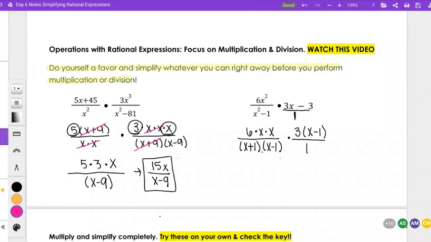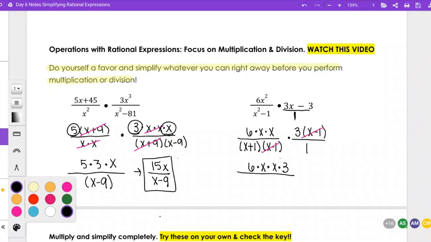We notice that there's an x minus 1 in the denominator and an x minus 1 in the numerator. And to be honest with you, that really is the only thing that simplifies out, which means we are left with in our numerator 6 times x times 3, all over x plus 1 times 1, if we really want to leave that 1 still there.